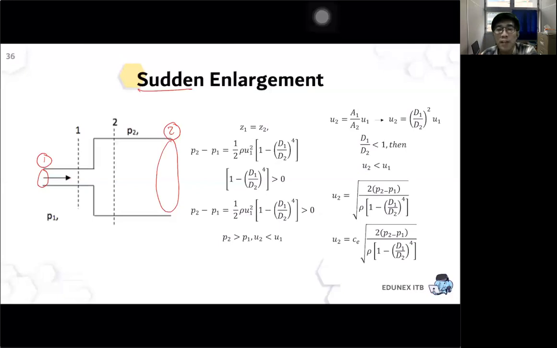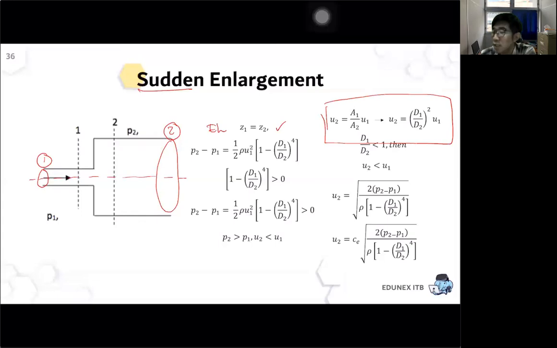You only compare at the inlet point, the small diameter, and the bigger diameter. If you take the baseline at the middle, then the position of point 1 and point 2 are the same. So the potential energy is the same at point 1 and point 2. So from the derivation of the mass balance, you can get this correlation as well.